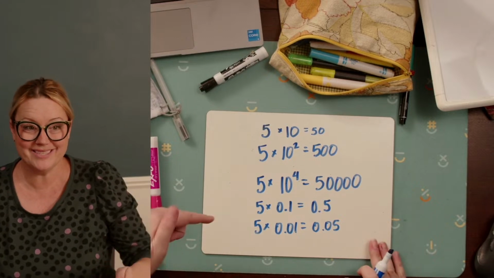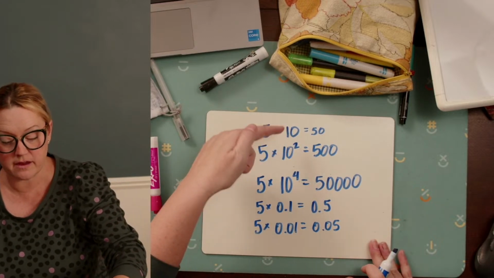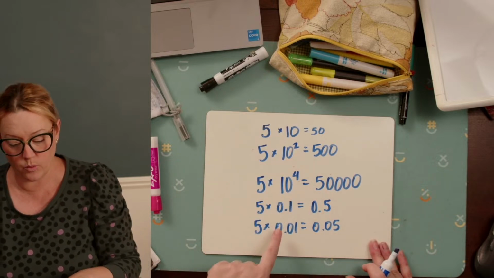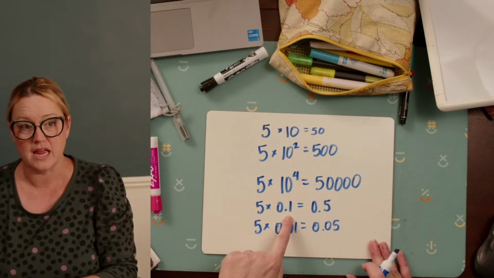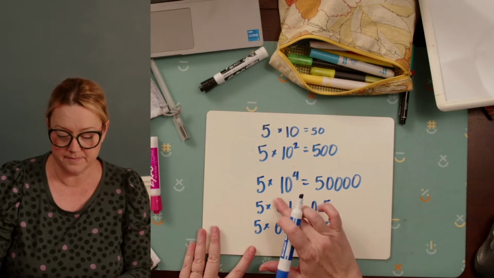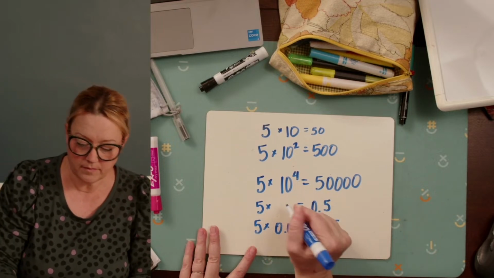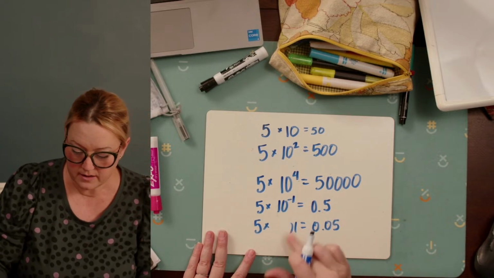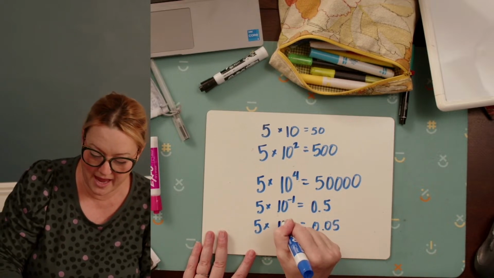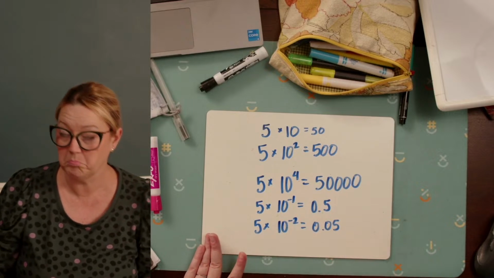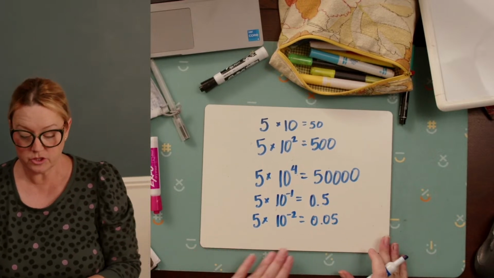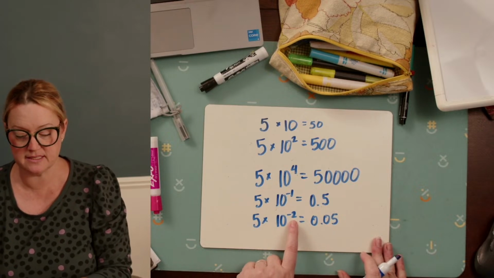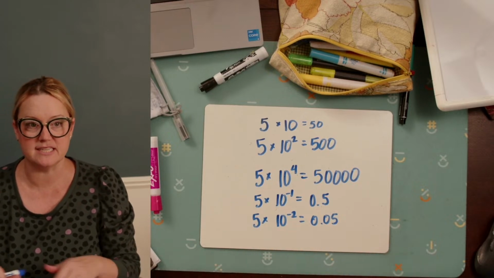But again, instead of doing times 10, times 100, times 1,000, I'm going to use my exponents. When I get to smaller numbers like 0.1, I'm going to use 10 to the negative 1. 0.01 is 10 to the negative 2. That is just making it a smaller number, and the exponent is how many decimal places you move.